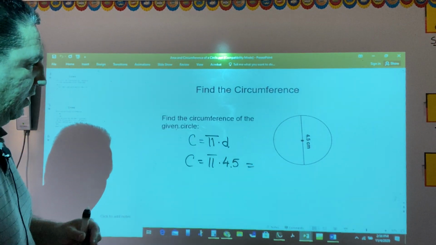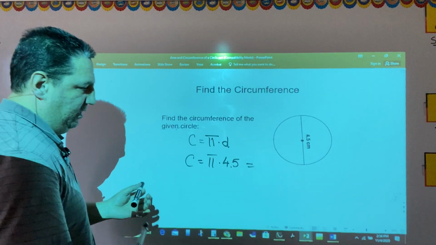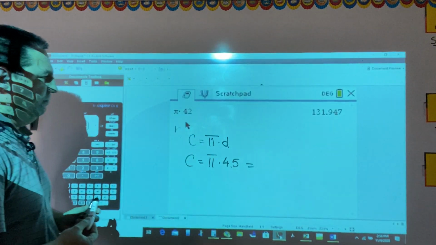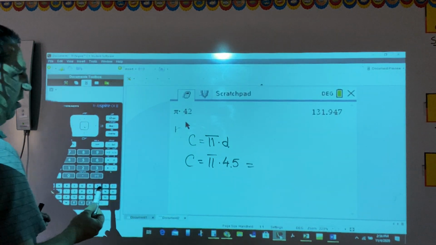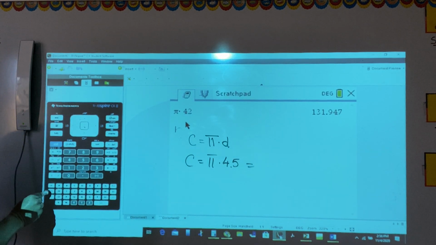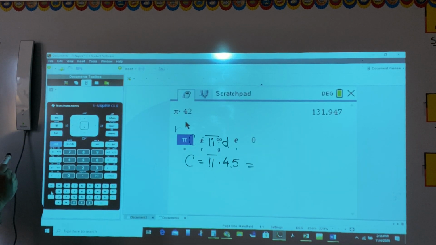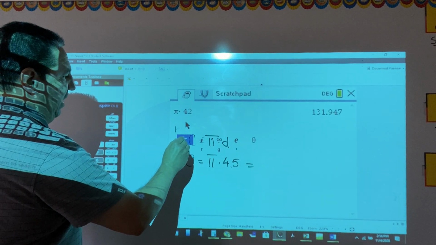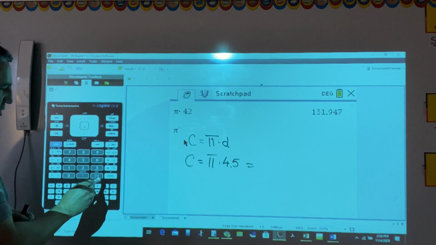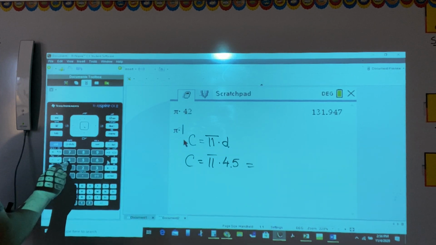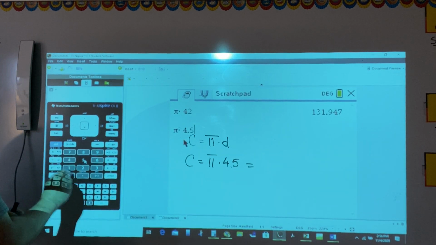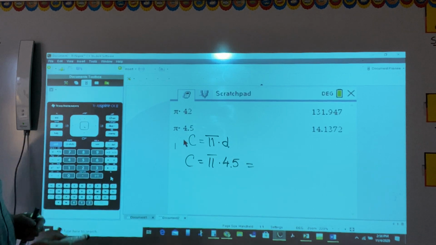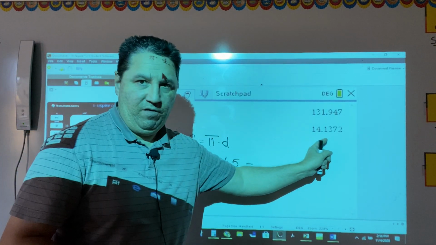Let's compute this product. Again, we use the calculator. We click on the button pi, then we multiply by 4.5, and we press enter, and we get this value.